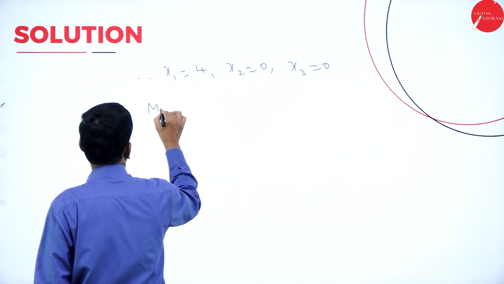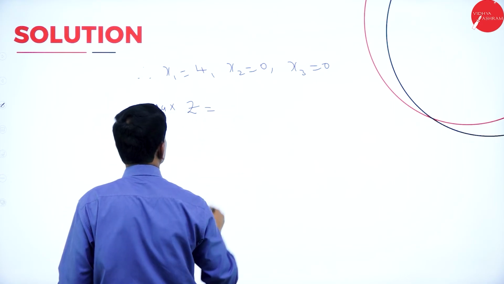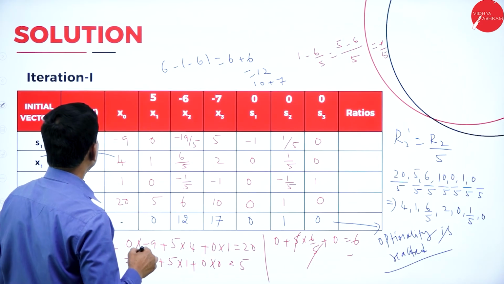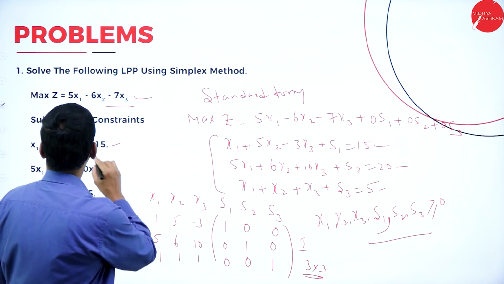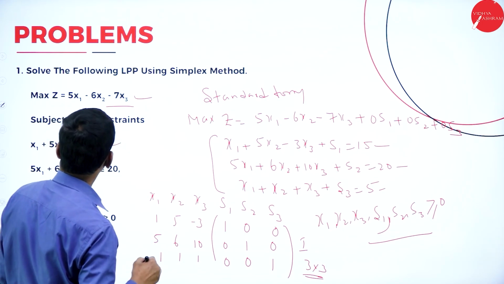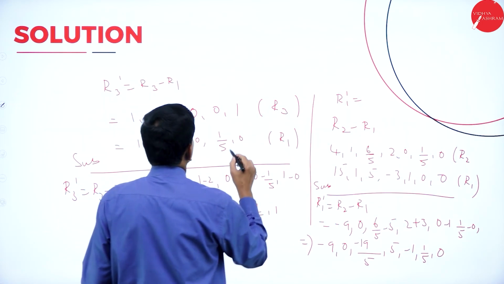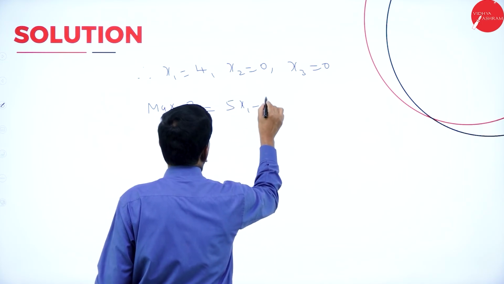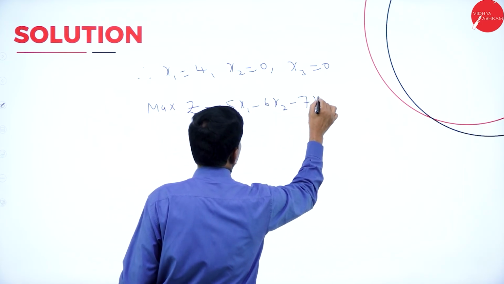So the objective function is max z is equal to, what is max z? I go to the given problem, 5x1 minus 6x2 minus 7x3.